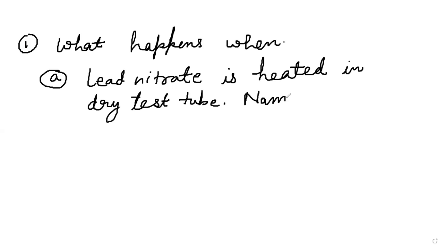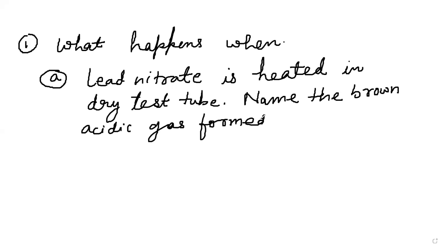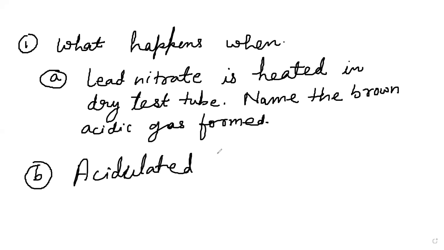Name the brown acidic gas formed. B, acidulated water is electrolyzed.